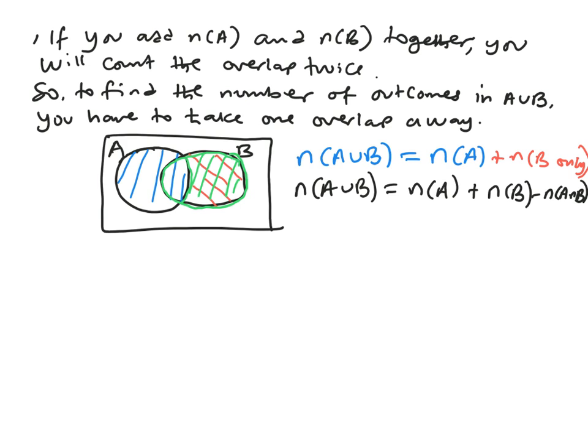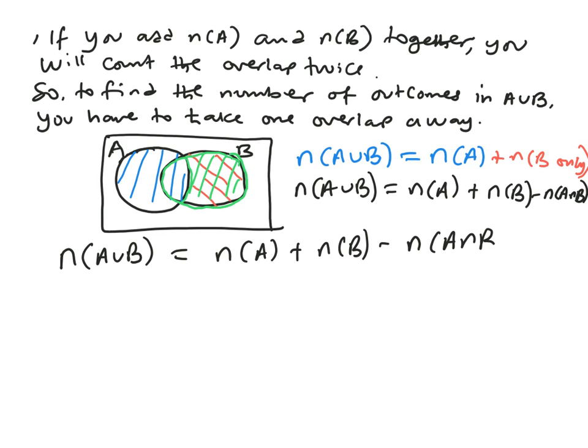So we can say that, number of A, let me write it here so clearly. Number of A union B is number of A plus number of B minus number of A intersection B. So we are talking in terms of probabilities. What we are going to do is divide through by number of the sample space.